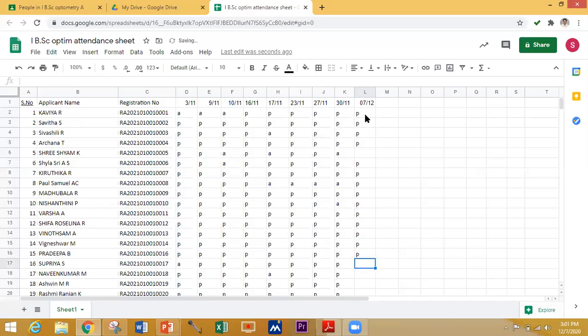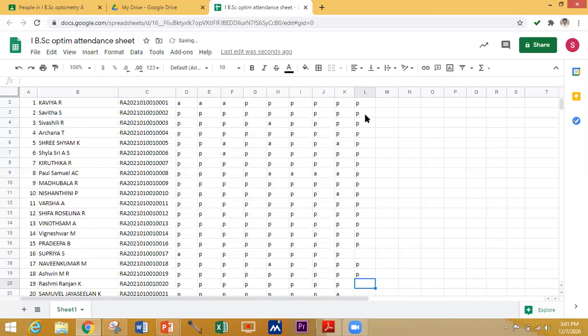Sir, number 5 present, sir. Supriya. Naveen Kumar. Present, sir. Ashwin. Present, sir. Rashmi Ranjan. Present, sir.